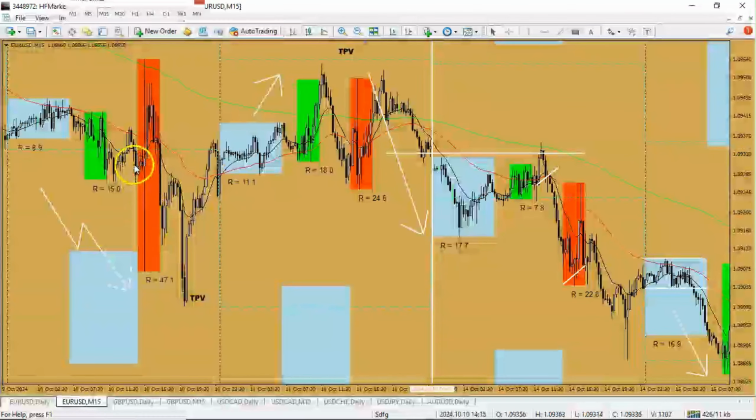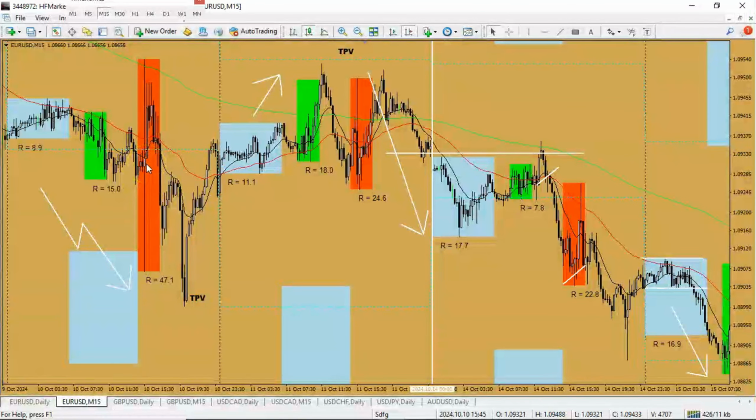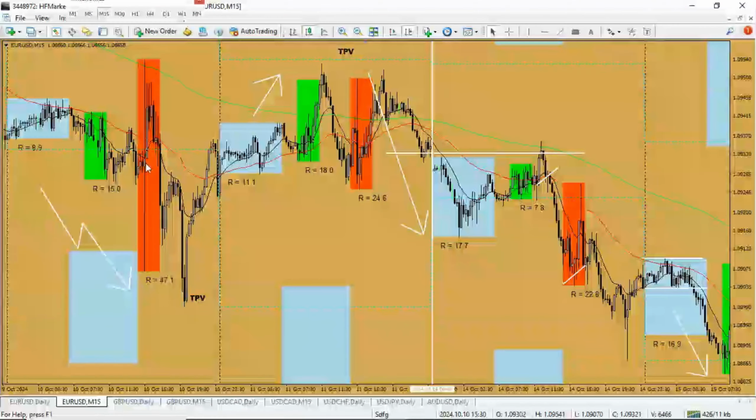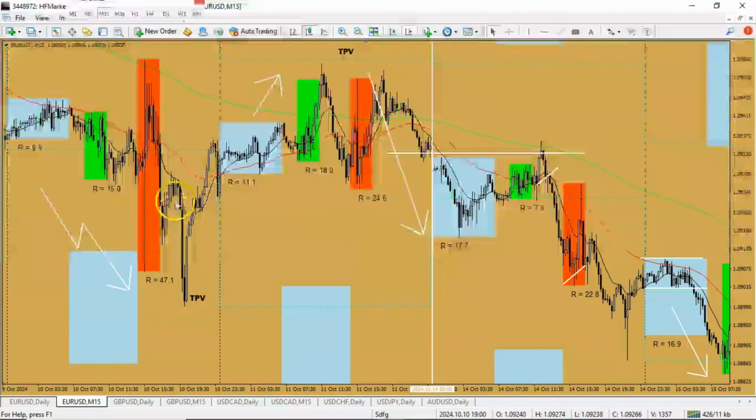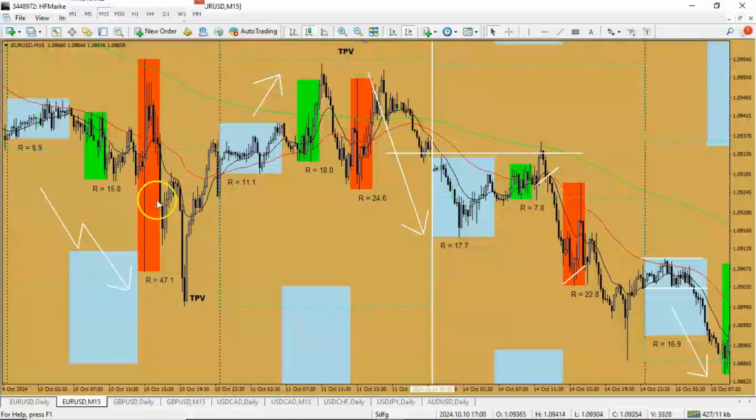Now we have this unexplainable price behavior, which is probably a fundamental news release, and we have this continuation move towards the downside that induces retail traders to take sell positions right below this low or at the swing high when price makes this pullback.